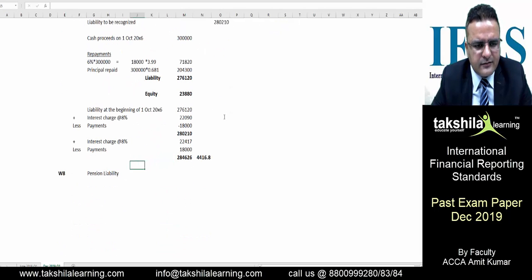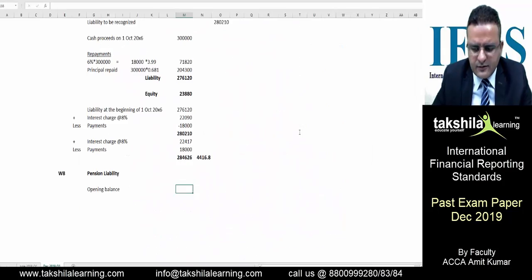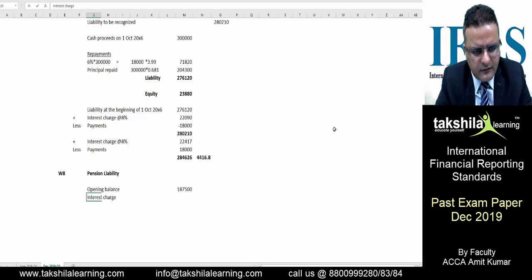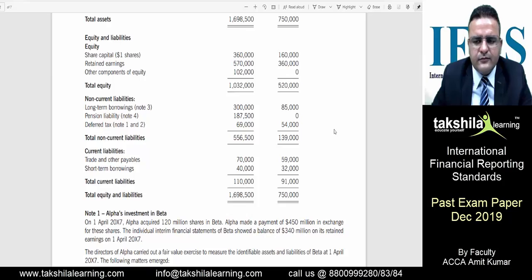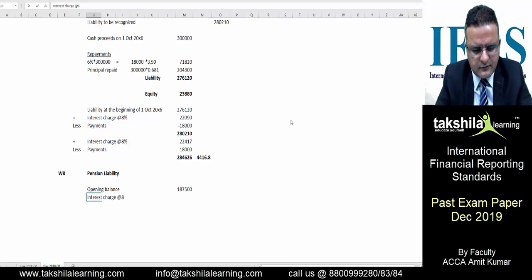Working note number 8, pension liability, opening balance is equal to 187,500. On it we will be charging interest at the rate of 8%, which is $15,000.